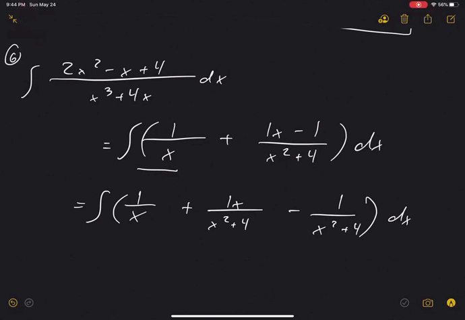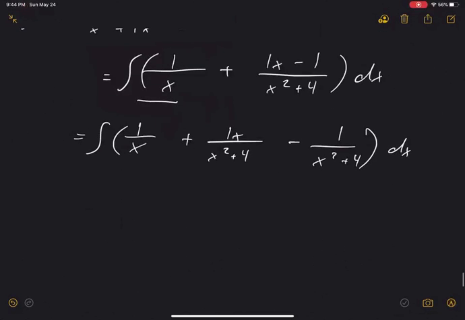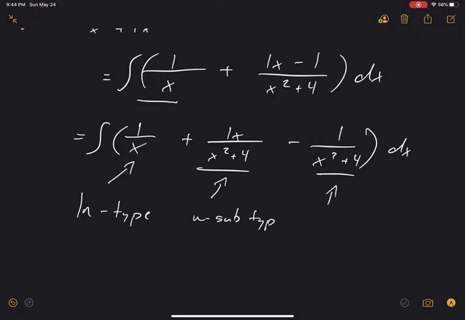And now each of these should be easy to solve individually. So this is an ln integral. This is an ln type. This is a straight u substitution type. And then this is one of those tan inverse types I talked about earlier in the video.